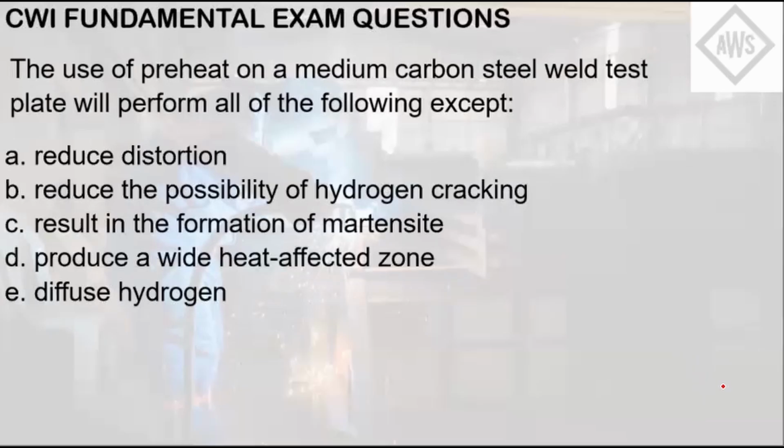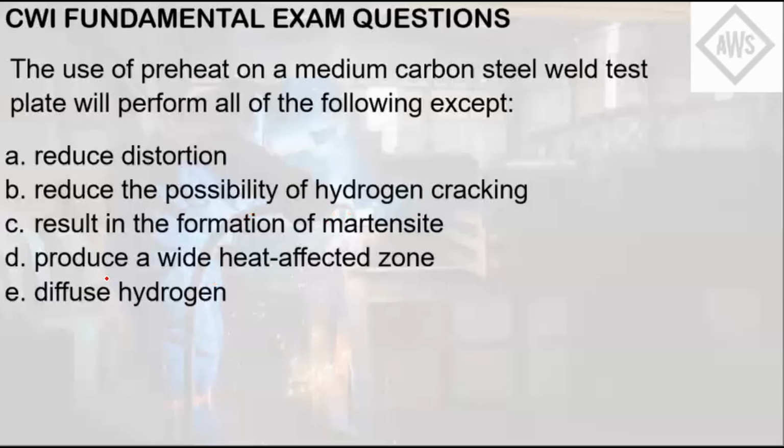Preheat can reduce distortion since the material will not undergo a sudden change in temperature. If you preheat that material, when you weld it, it will not be subjected to a sudden change in temperature due to its exposure to the atmosphere, or if you subject it to post weld heat treatment. For letter B as well, it reduces the possibility of hydrogen cracking, because preheat will improve its grain property.